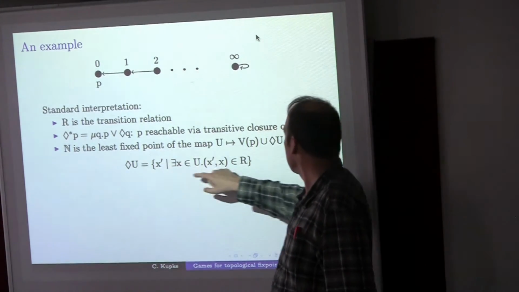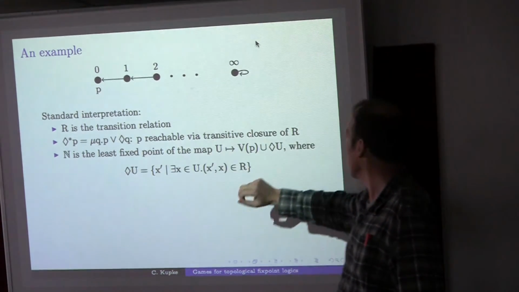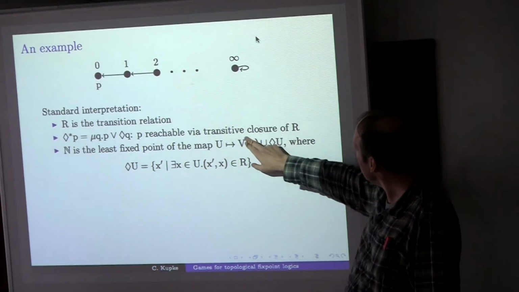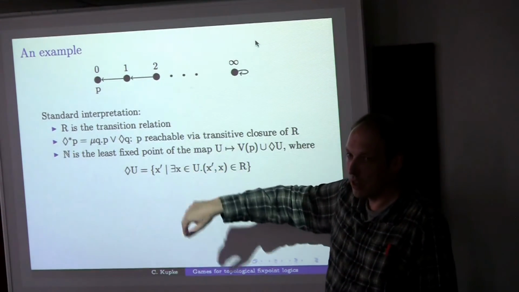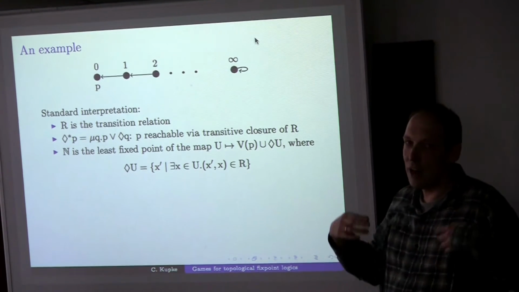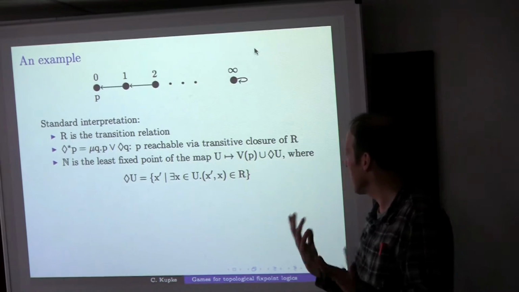How can we see this? Well, basically, we just have to look at this formula. This formula corresponds to the operator which maps a set U to the set of all states where P is true, or those states which see an element of U. And if you generate the least fixed point, how do you generate it? You start from the bottom of the lattice, which would be the empty set.